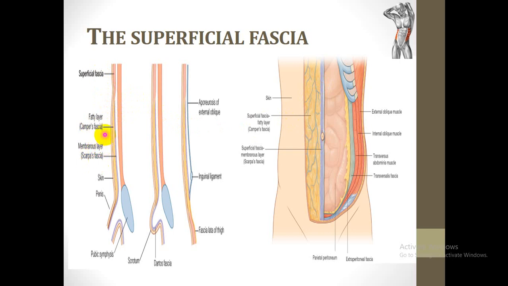The fatty layer contains a variable amount of fat and continues downward over the inguinal ligament to be continued with the superficial fascia of the lower limb, while Scarpa's fascia, or membranous fascia, is considered a thin membranous fascia containing little or no fat.